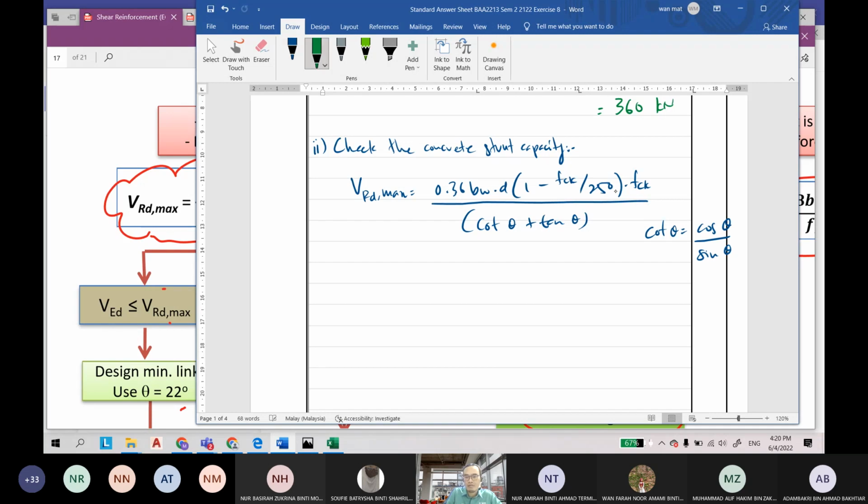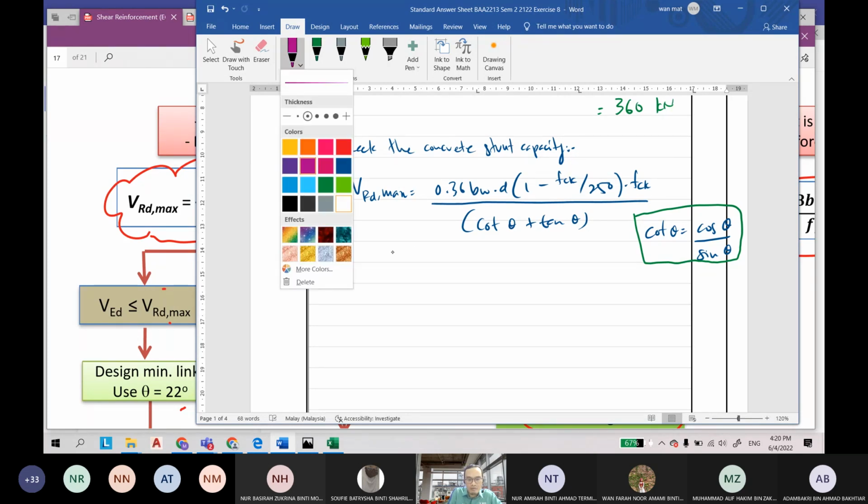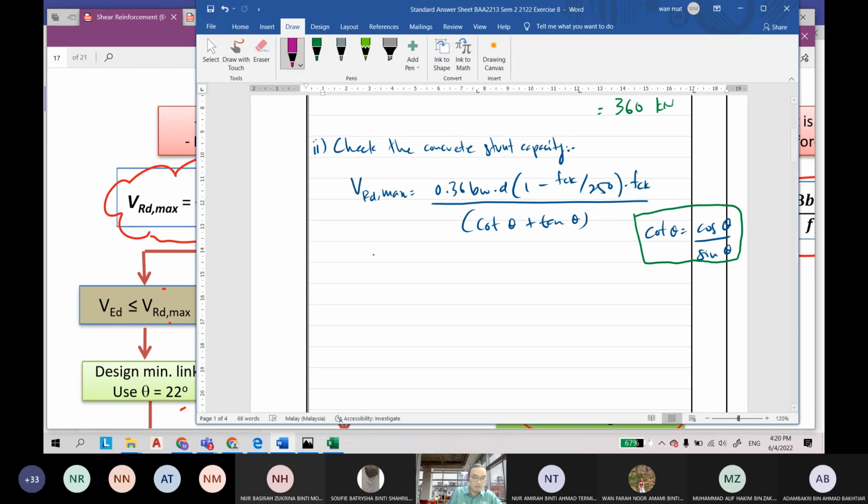This is the equation you must remember, very useful. We check for theta equal to 22 degree, so the tangent theta is 0.4, and cotangent theta is equal to 2.5.